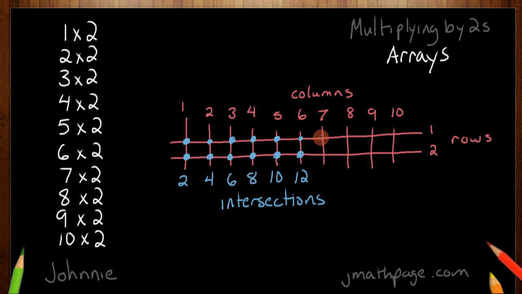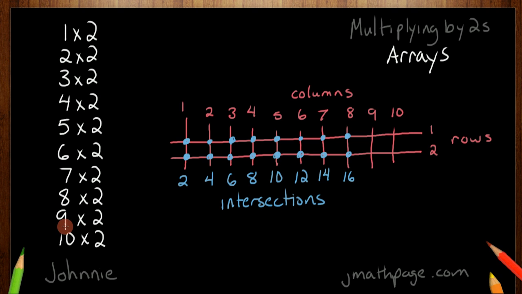I had 12 intersections before. Now I add 1, 2 more, and now I have 14. 8 columns and 2 rows. And I had 14 before. Now I have 15 and 16.